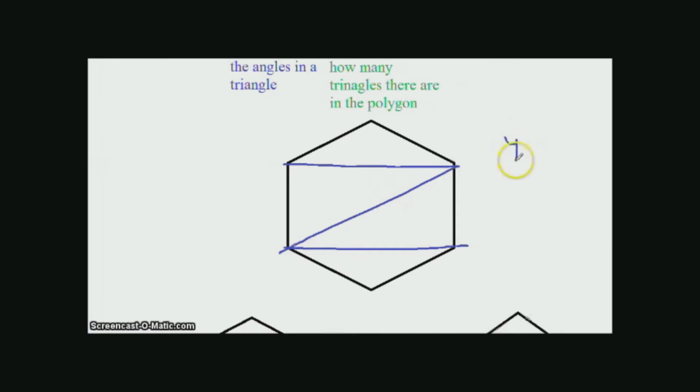So it'll be 4 triangles times 180, which is the total interior angles in one triangle. 4 triangles times 180. And the answer will be the total number of interior angles in this whole polygon. That's an easy way to know.